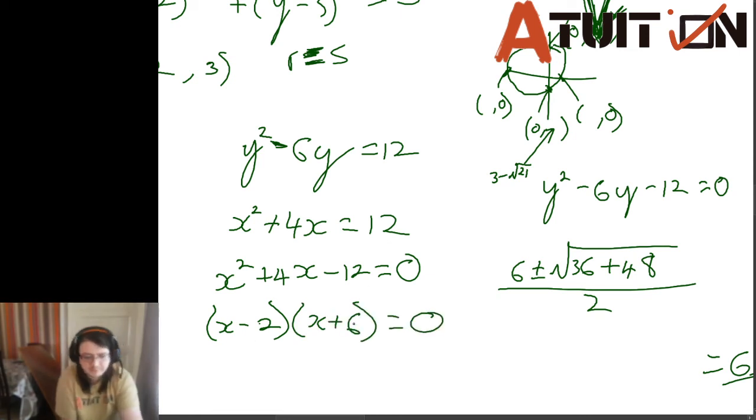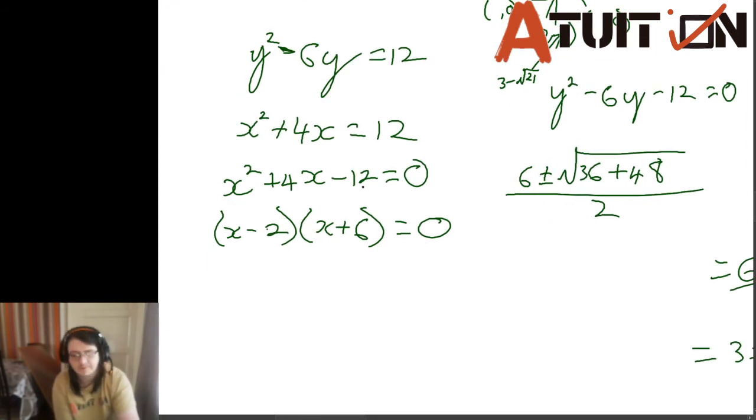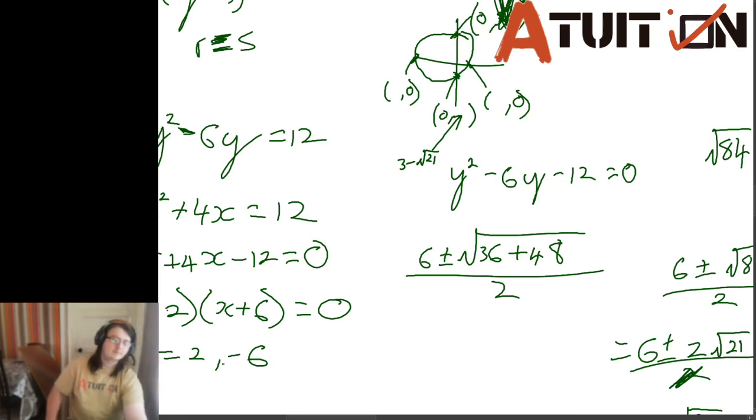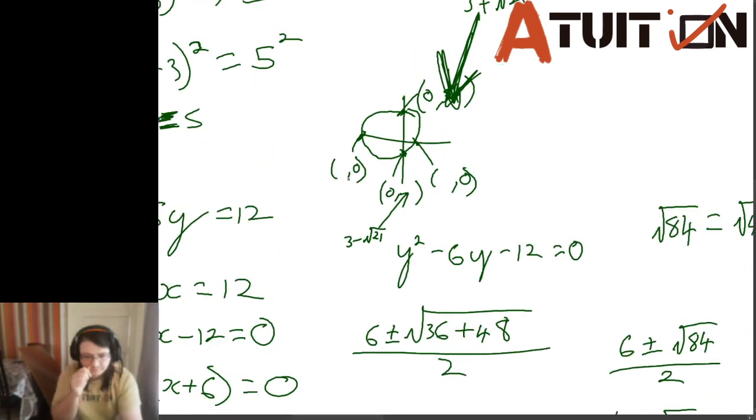So minus 2 times 6 is minus 12, minus 2 plus 6 is 4. And then the two values for x that we've got are going to be positive 2 or negative 6. Job's a good 'un. Wonderful. Well done if you followed that.